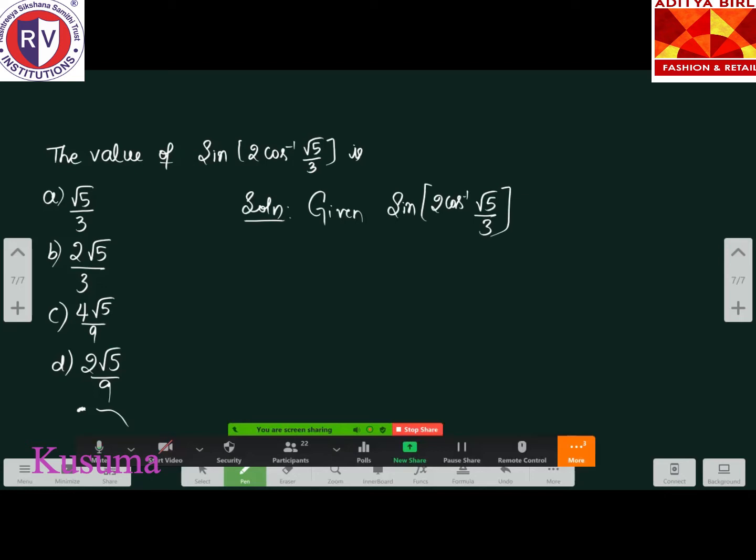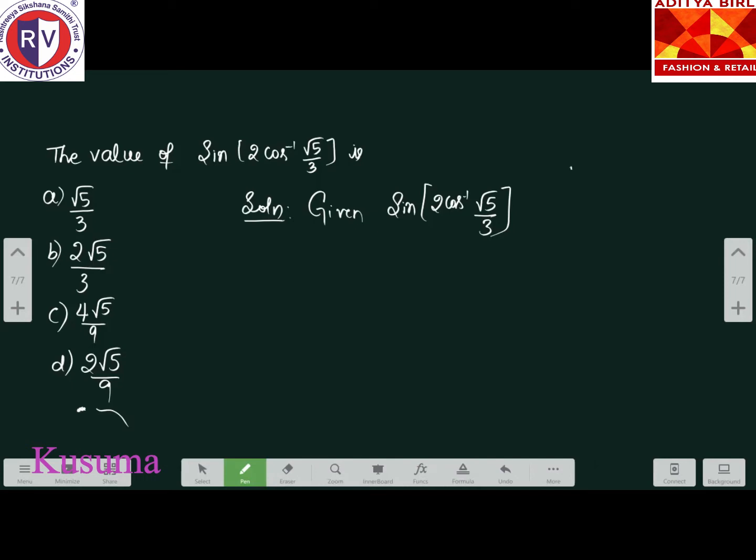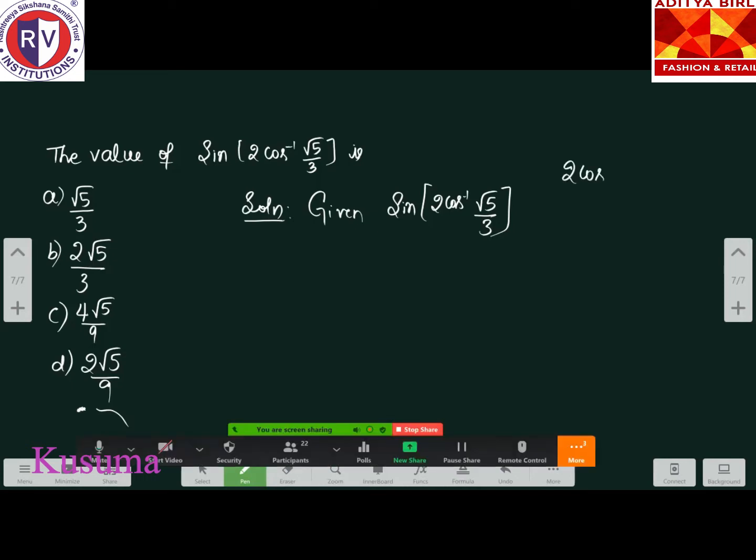See here, 2 cos inverse x can be written as cos inverse of 2x square minus 1.